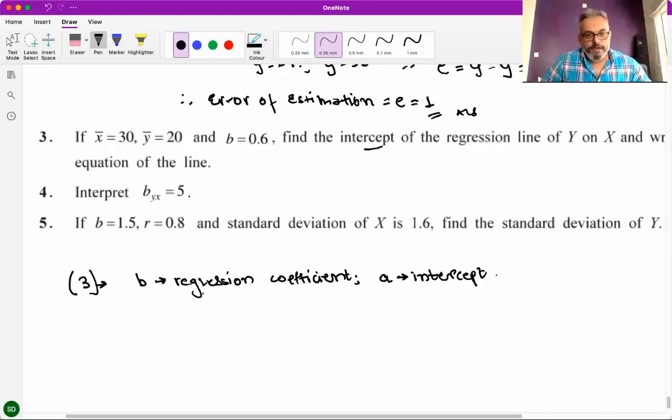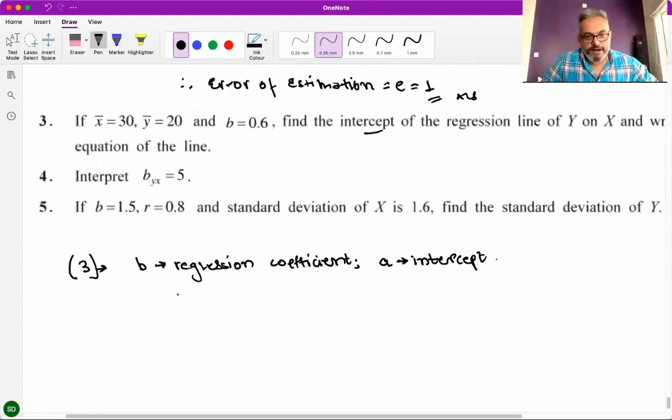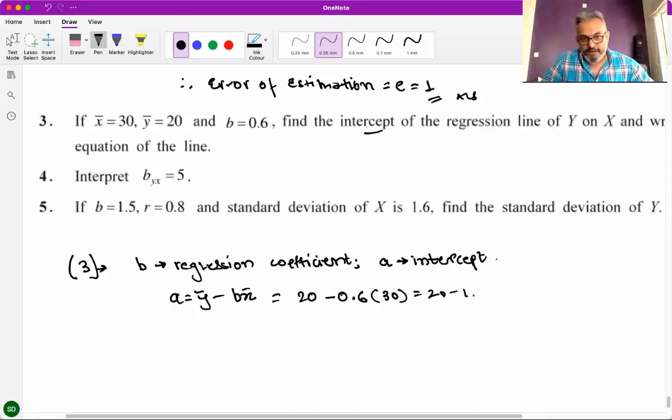Now, x bar is given, y bar is given, b is given. So directly A is equal to y bar minus b x bar, which is equal to 20 minus 0.6 into x bar, which is 30, which is equal to 20 minus 18, which is equal to 2.